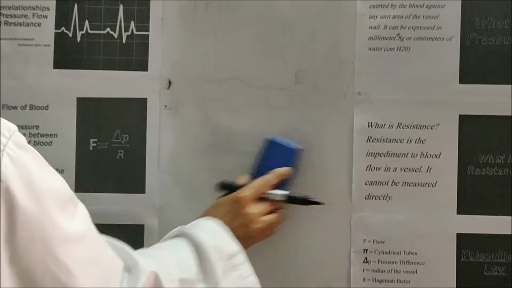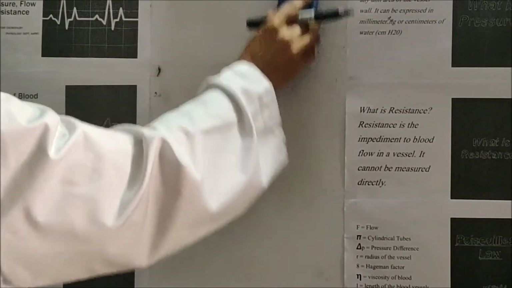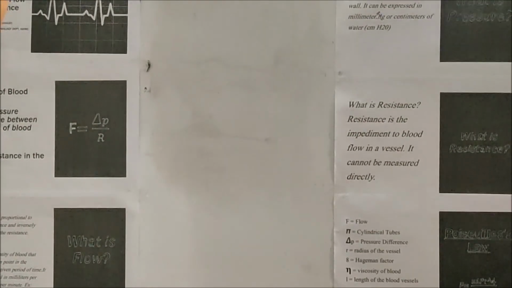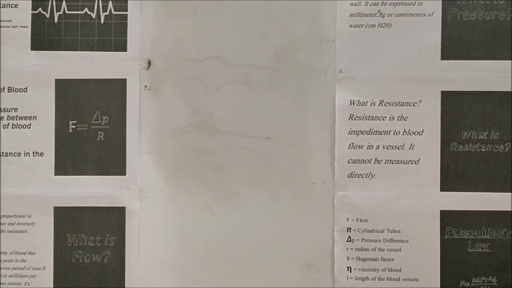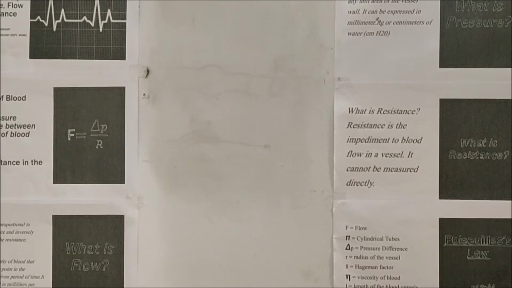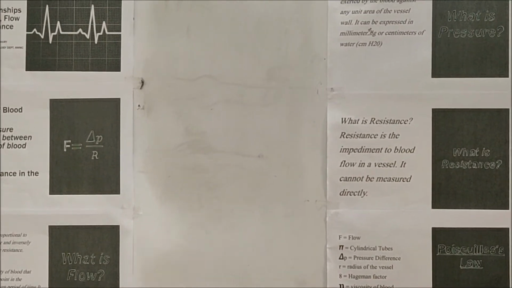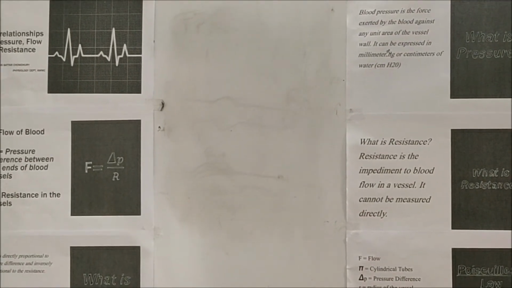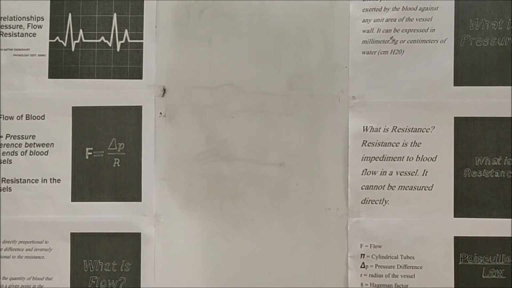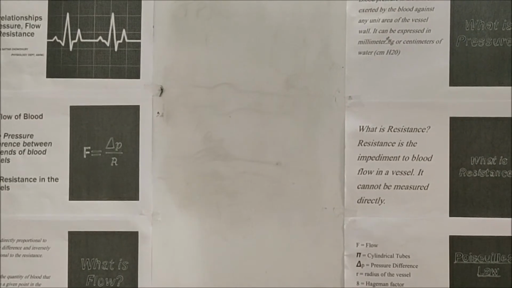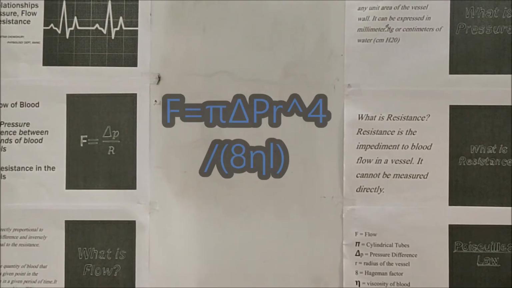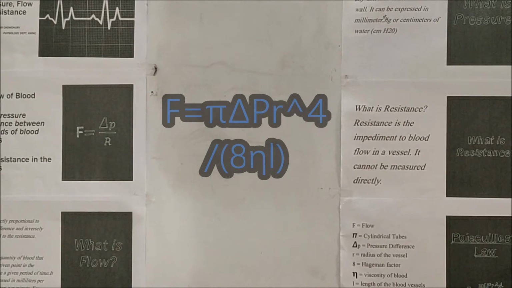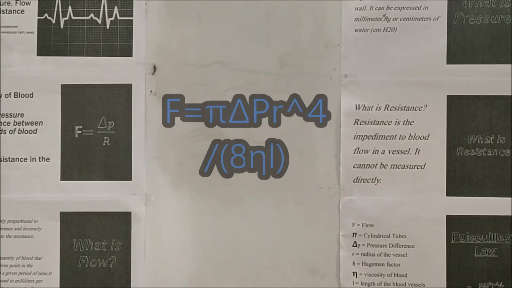Now, usually blood flow and electric flow are not the same. Blood flow is usually through a cylindrical tube. Then in 1840, Poiseuille described an equation, a law.